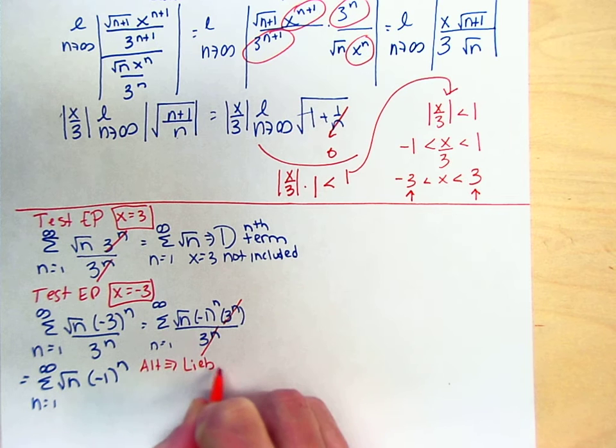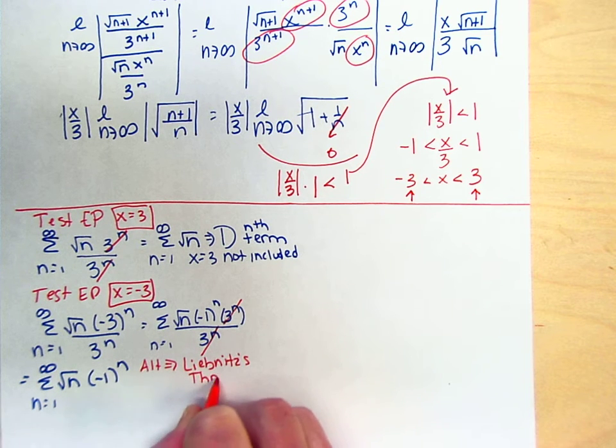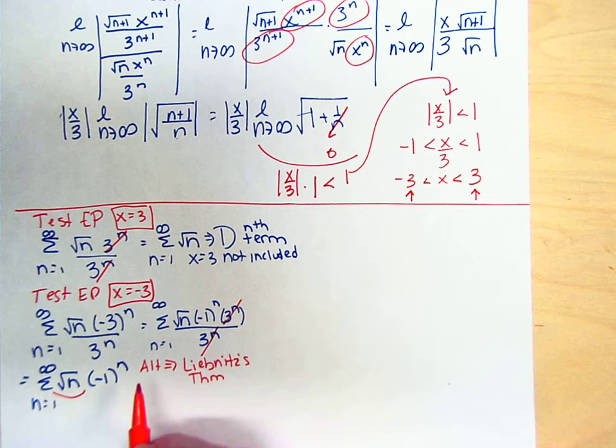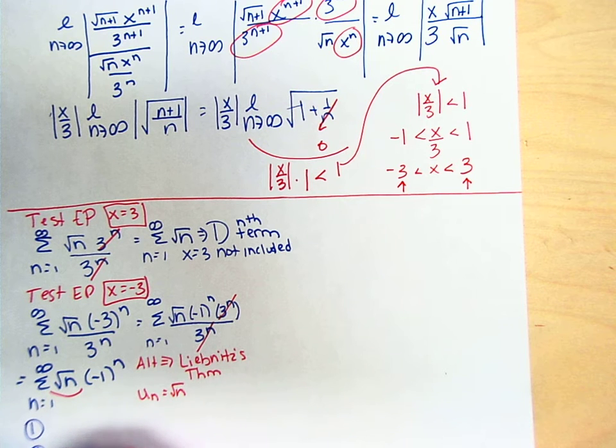So we need to do 1, 2, 3. So following the process that we've developed, our u_n is the square root of n. So our three criteria: u_n's are always positive. Check. And what about u_(n+1) is less than or equal to u_n?